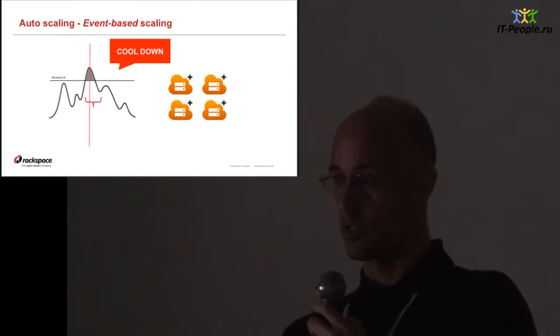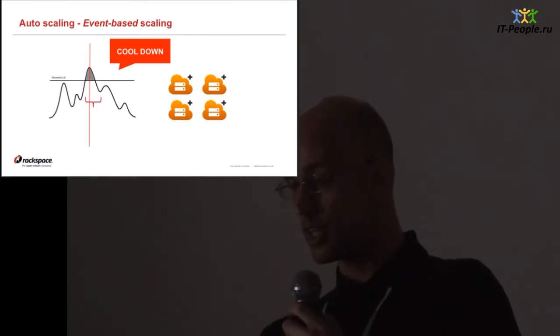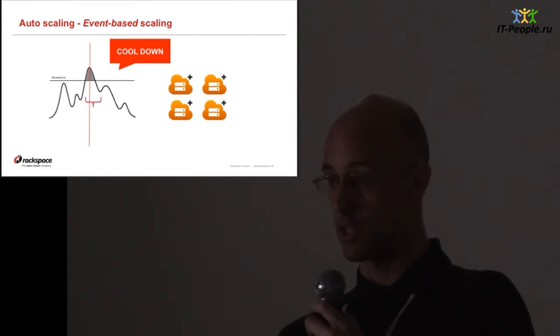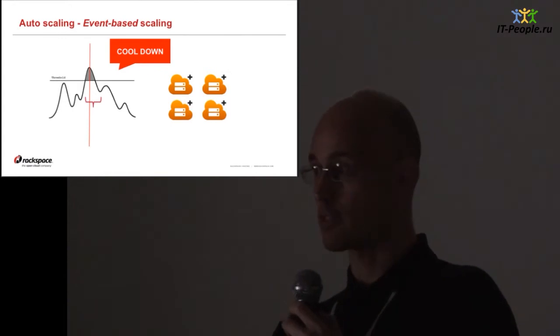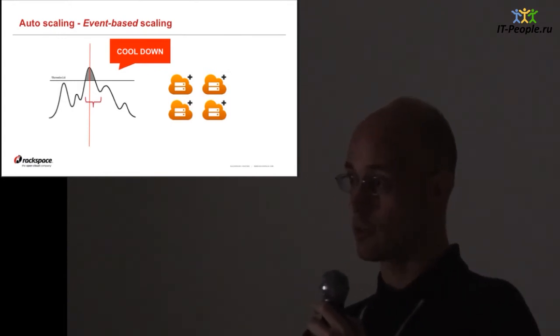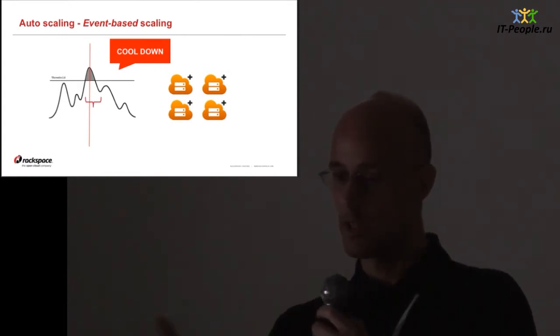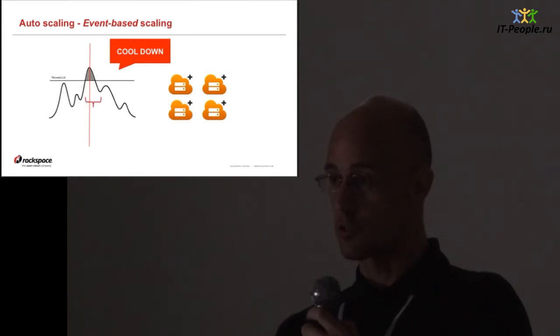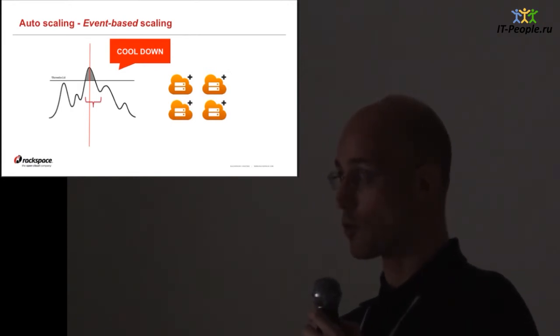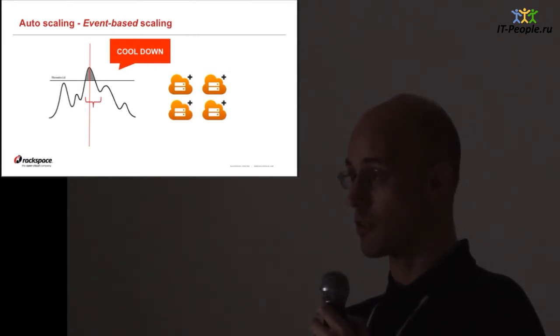Within 3 minutes, you already triggered a spin-up policy to scale up by 1 server, but that server is not ready yet to go live. So your infrastructure is still going with 2 servers. There is no reason to spin up additional servers because 1 server is being provisioned right now.